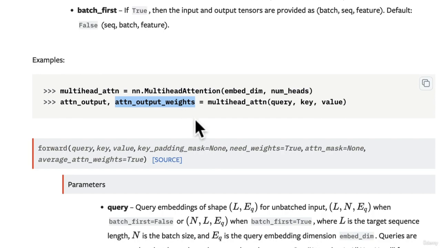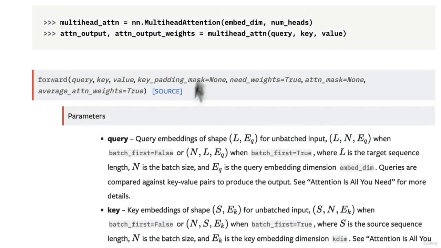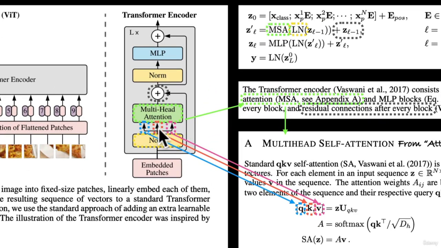So I'll let you read more into what the outputs of the weights will do if you'd like. So in this example, they're creating a multi-head attention layer with embed dim and number of heads. And this is just showing how to get the output. You pass in a query, key, and value, which is exactly in line with what the paper is saying here. 3 inputs, query, key, value, or QKV.